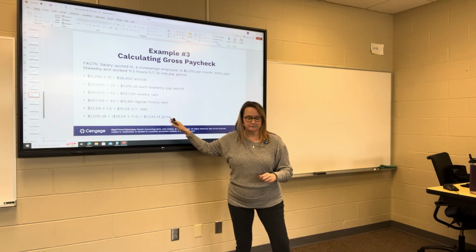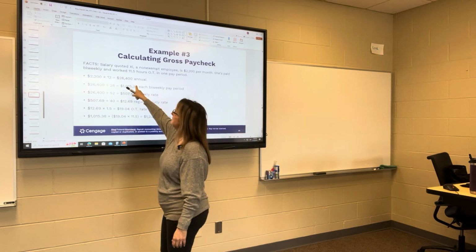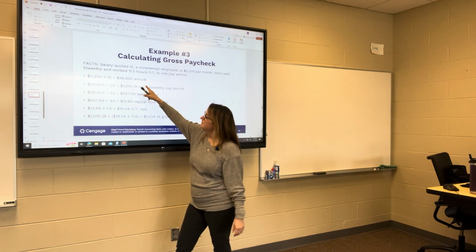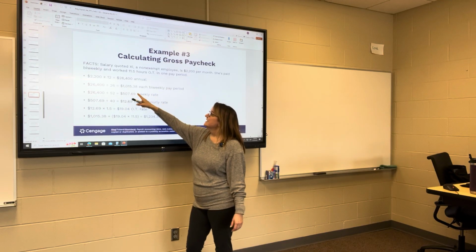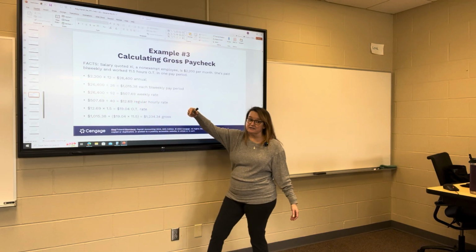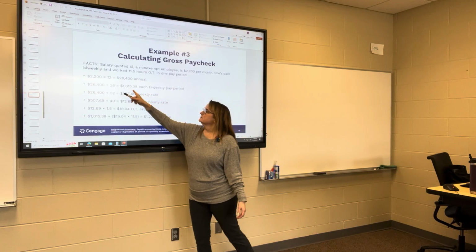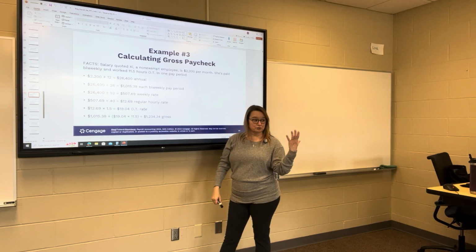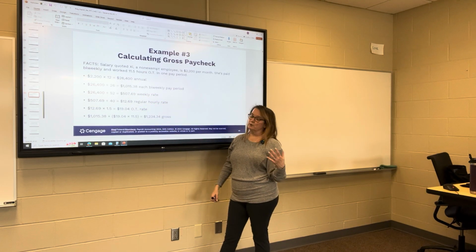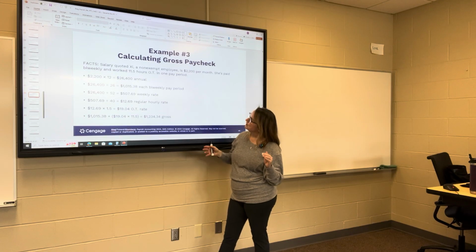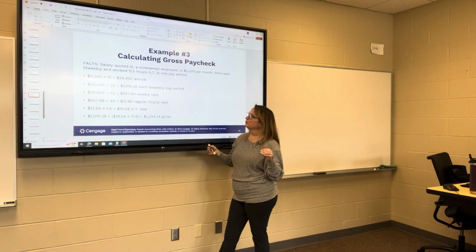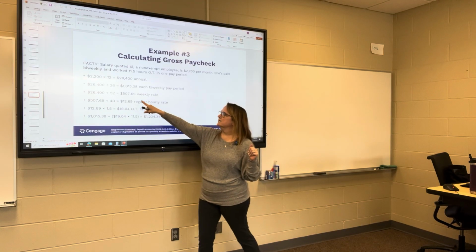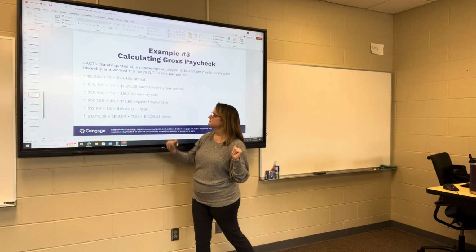Now it's biweekly. So annualized, $2,200 a month times 12 months, $26,400 divided by 26 pays, $1,015.38 for regular pay. I guess she'd probably be 40 hours, or 80 hours, for the $1,015.38.